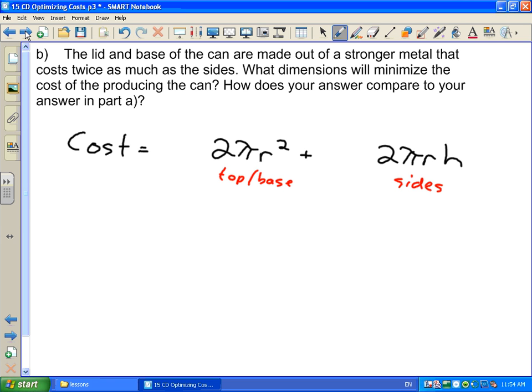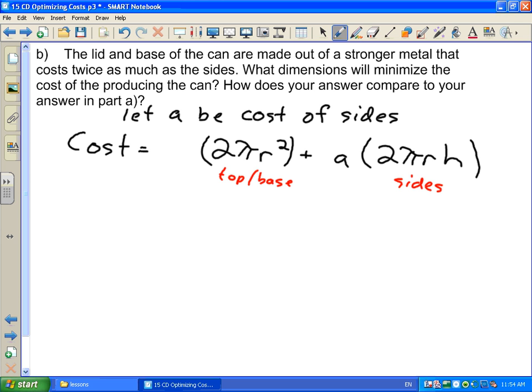Okay, here's what I would do. I would pick a constant. I would say let A be the cost of the sides, which one is cheaper here? The sides. So I would take my expression for the sides and multiply it by A. If the top and the base cost twice as much, I would multiply that by 2A.